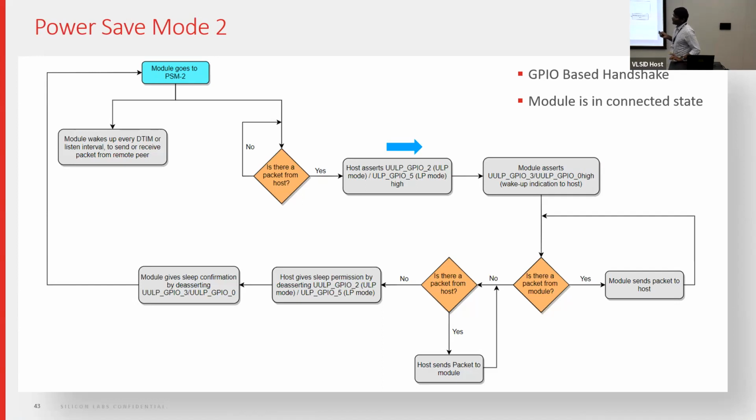As I mentioned previously, the GPIO handshake will use 2 GPIOs. The host will use one particular GPIO to tell the module that it has some packets for it. This is basically called a wake up request to the client. After the wake up request is sent, the module will also assert one GPIO saying wake up indication: I'm already woken up, so you can now send the packets to me.